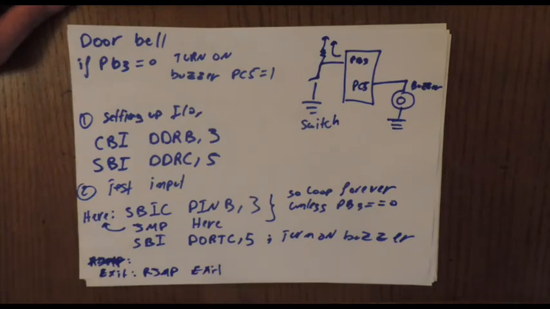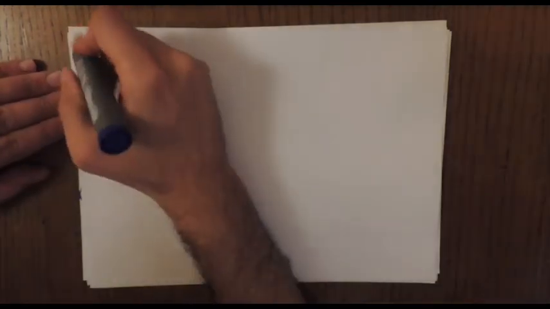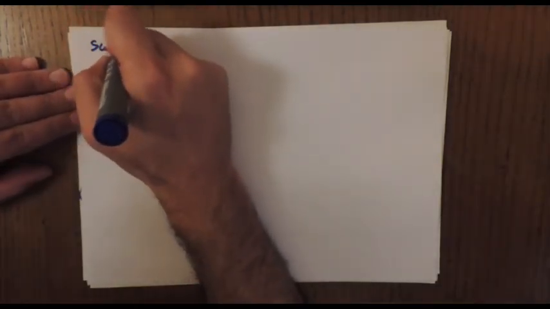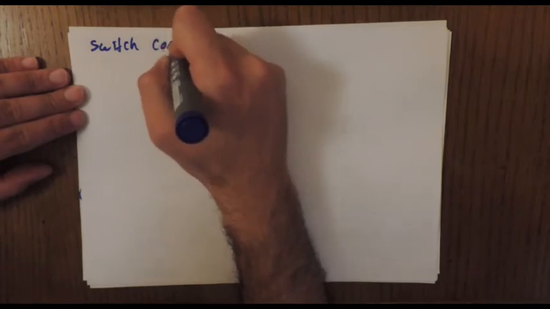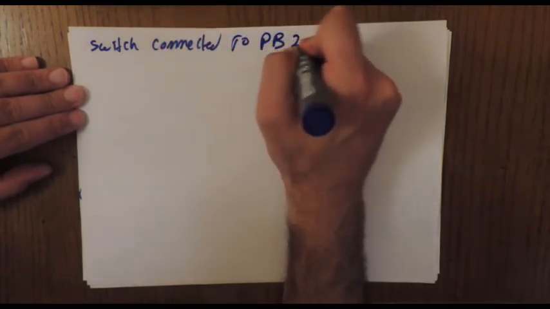So let's take another example where, let's say we have two cases. If we have 0, we need to do something, and 1, we need to do something else. So let's say we have a switch connected to PB2.